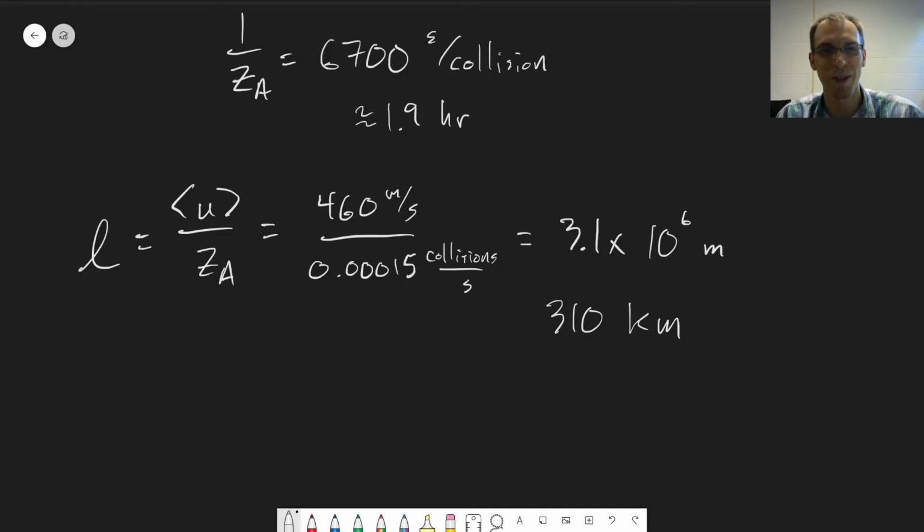So that's part of the reason space is so different than it is here on Earth. Whereas here on Earth, the mean free path for nitrogen molecules in the atmosphere was only about a few nanometers. Here we're now talking about kilometers, and so reactions occur on a much longer time scale in space, just because the molecules don't see each other very often.